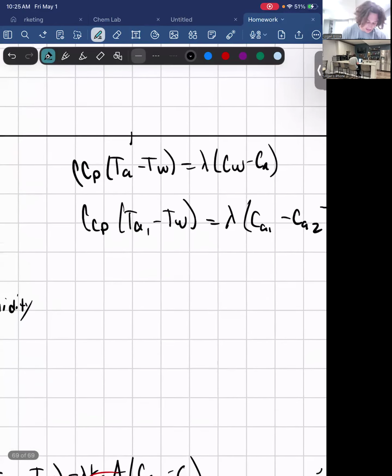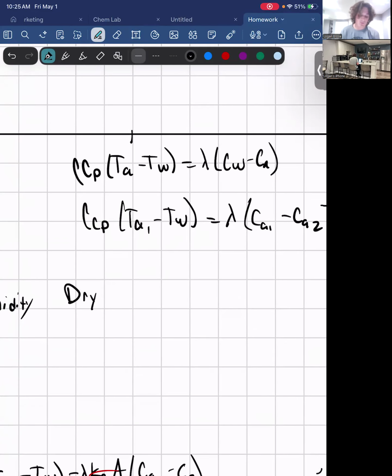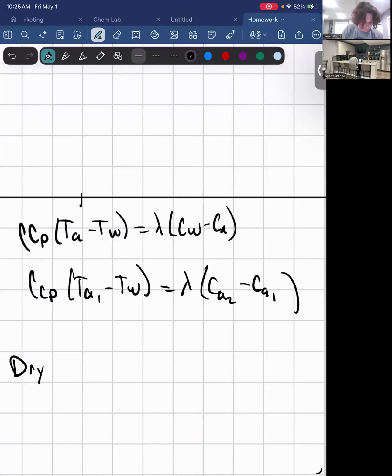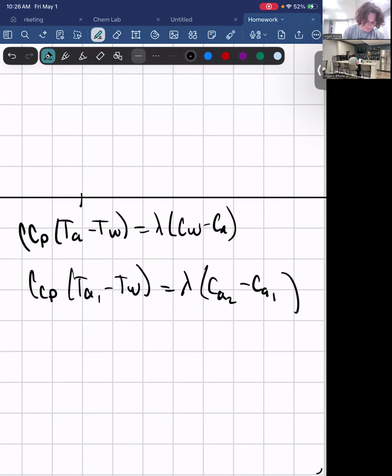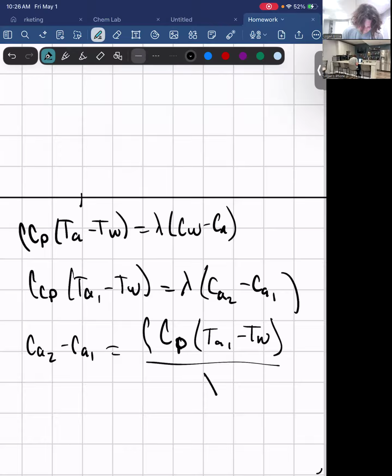And so if we're looking at the dry bulb temperature, well, actually, before we do that, we know that we're going to be looking at the concentration of our air, so we have our air 2 minus our air 1. If we isolate that, we can get Ca2 minus Ca1 equals rho Cp (Ta1 minus T water) over lambda.